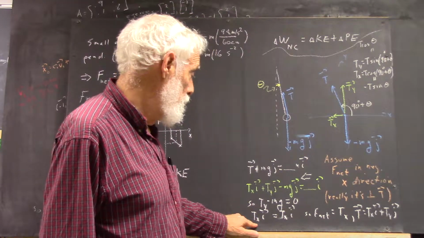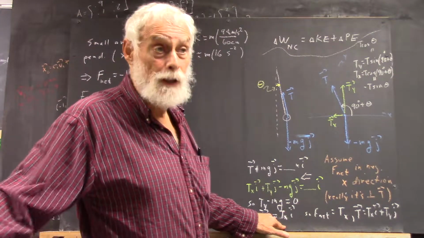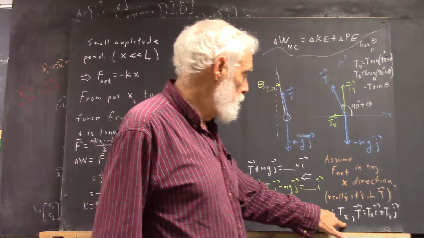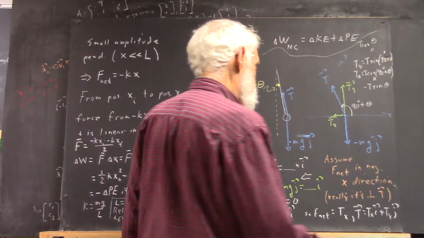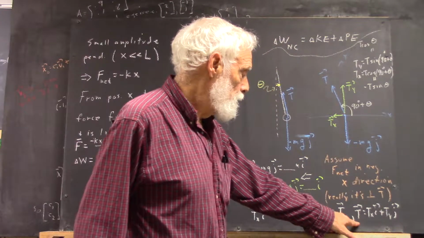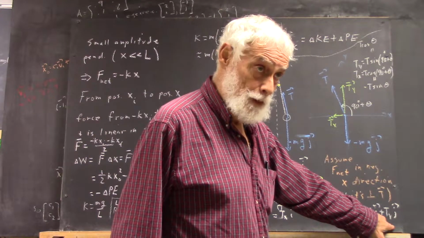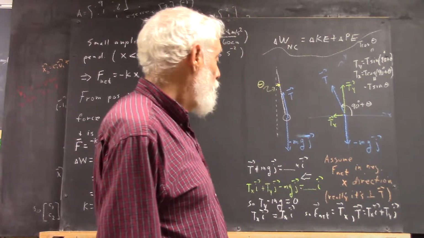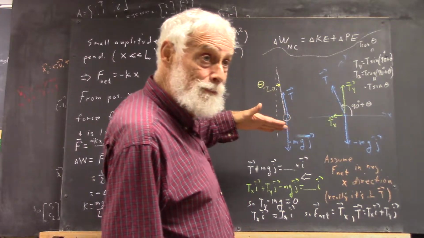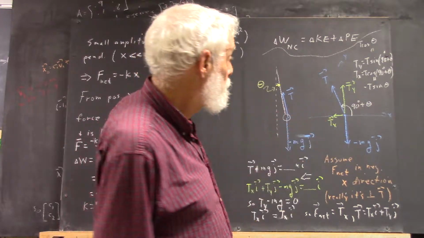Of course, Tx i is just what it is, Tx times i. So the net force is just Tx i, and the tension is Tx i plus Ty j. Not exactly true because of our assumption of horizontal motion, but for small theta, close enough for a good approximation.